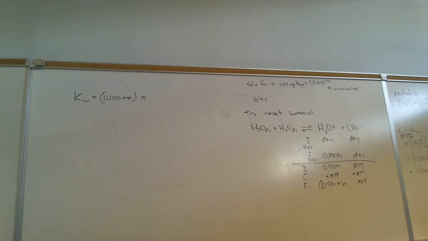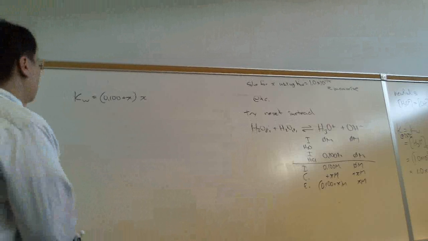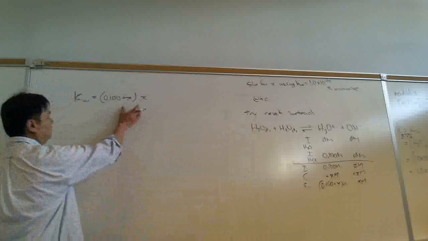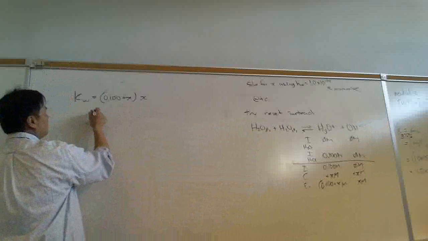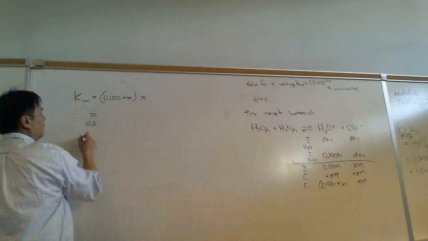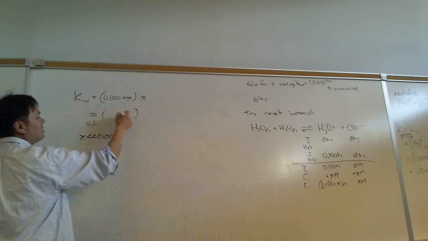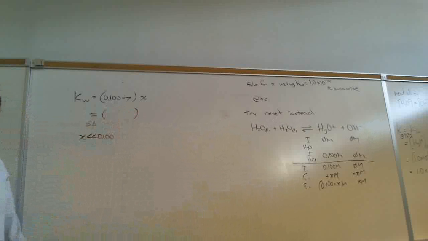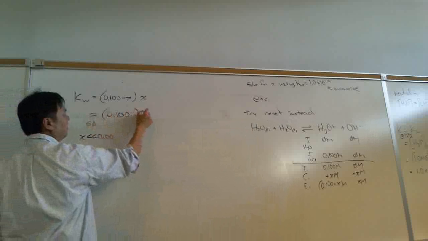And so here it's very important that you see, okay, the simplifying assumption should probably work here. That x is going to be much smaller than 0.100, which means this parentheses simplifies into what? 0.100. And now we can solve for x.